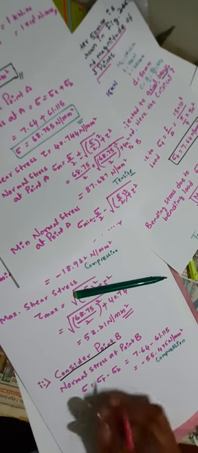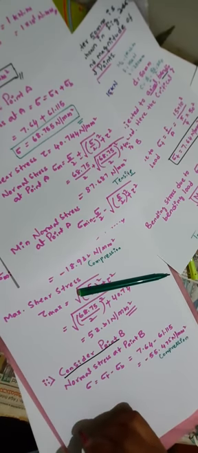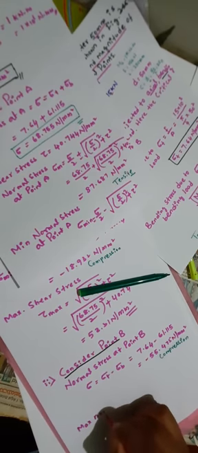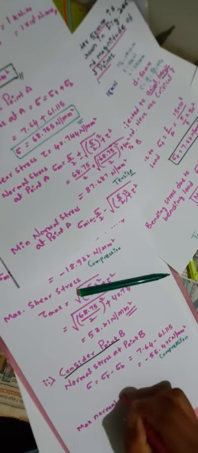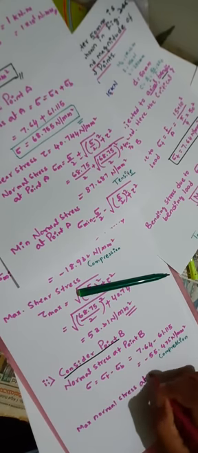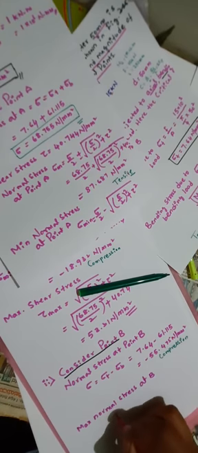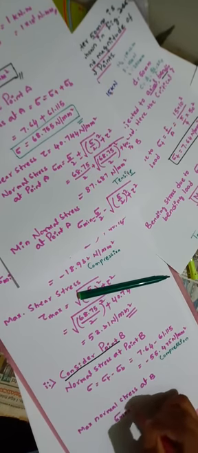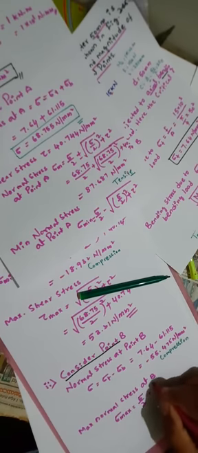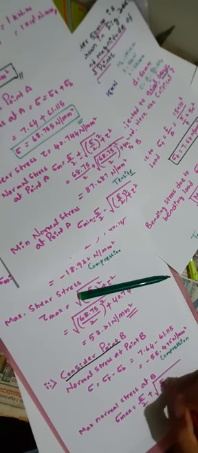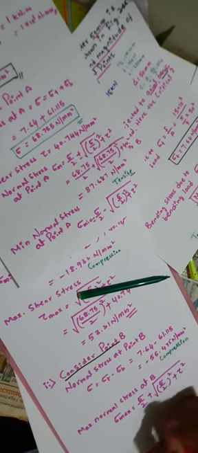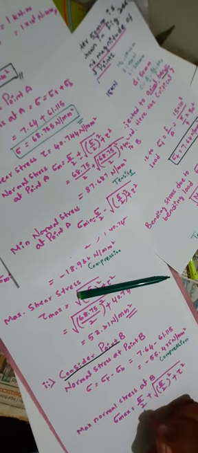Okay, now same procedure. Maximum normal stress at B. Same formula, sigma max is equal to sigma by 2 plus square root of sigma by 2 whole square plus tau square.